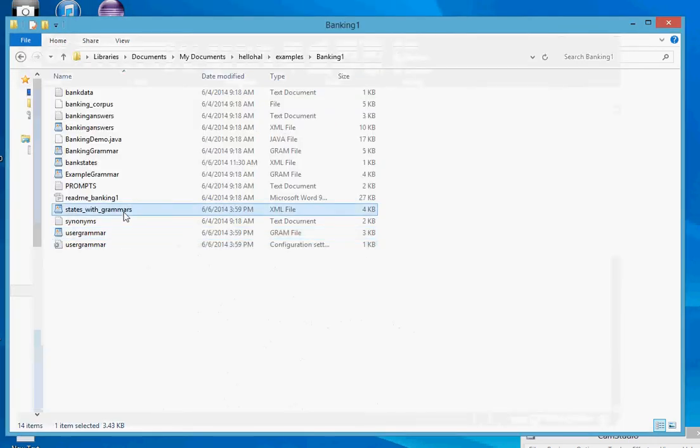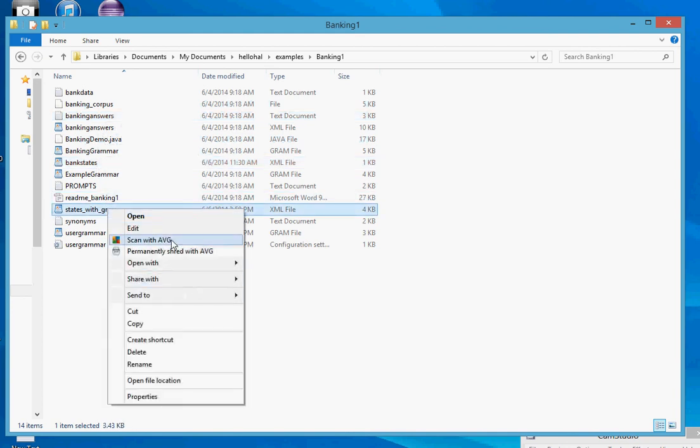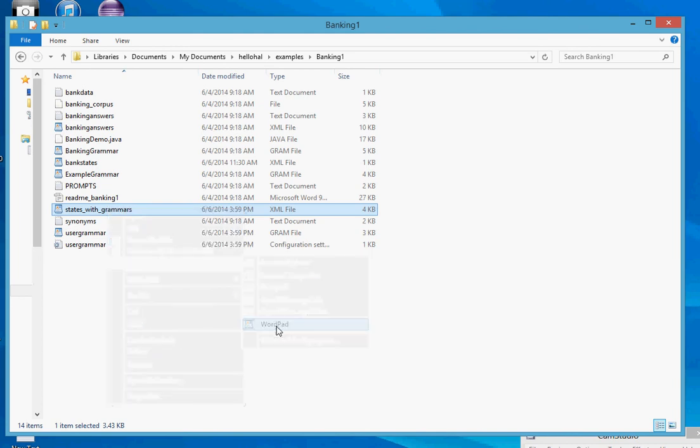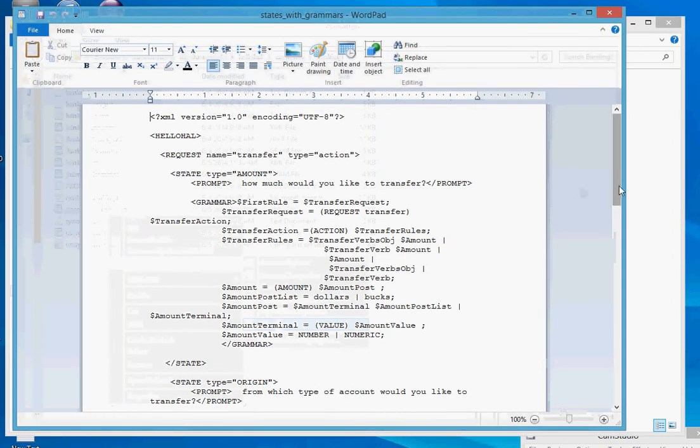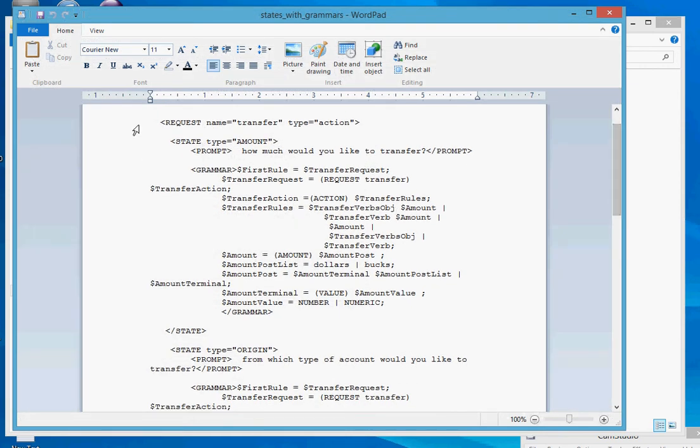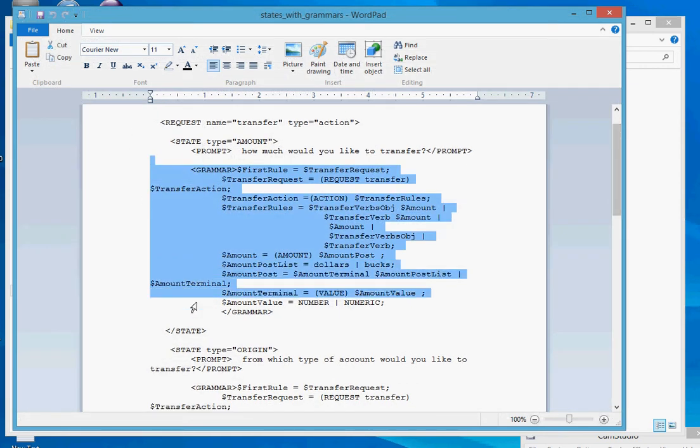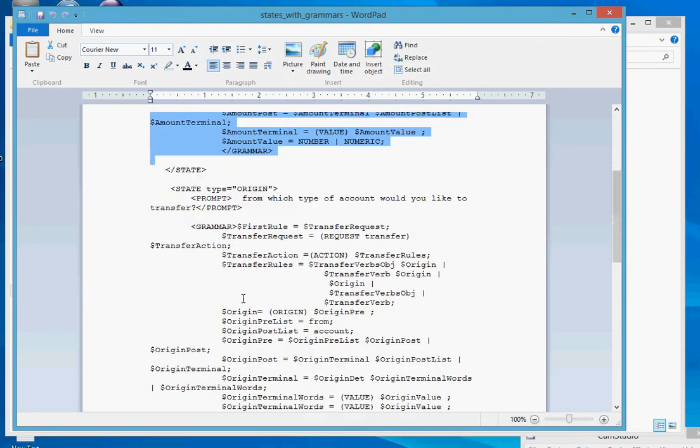The other thing I want to note is that the GrammarPro has made a copy of the bank states file, and it has created a new one called states with grammar. If we open that file, we will see that it filled in each state with smaller grammars, embedded grammars.